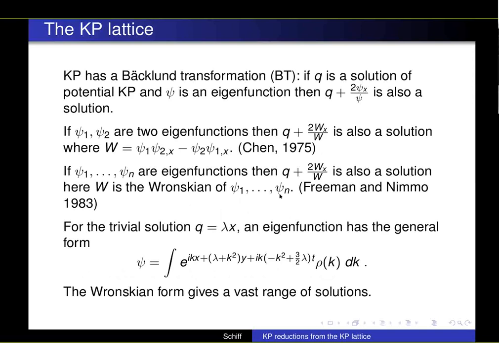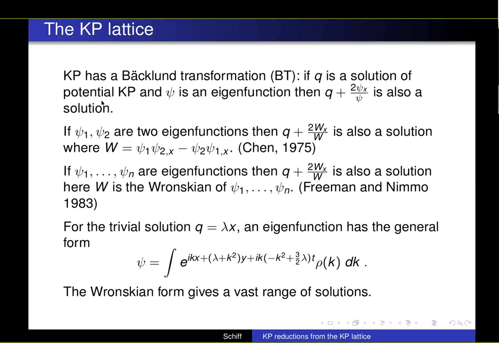Okay, so for this, I need to introduce a new object. KP has what's called a Backlund transformation. A Backlund transformation is a way of taking a solution of a PDE and finding another solution by solving a simpler PDE. In the case of KP, it's simple to state.